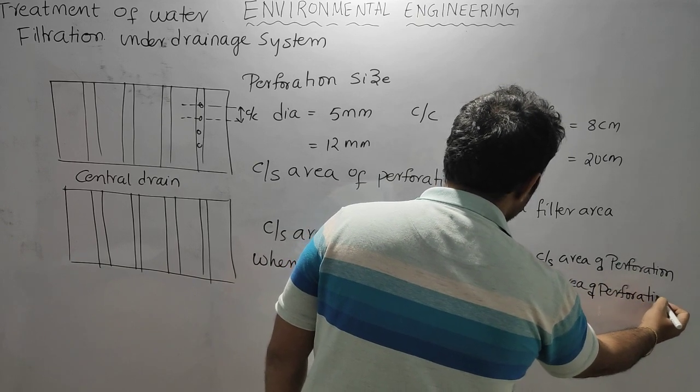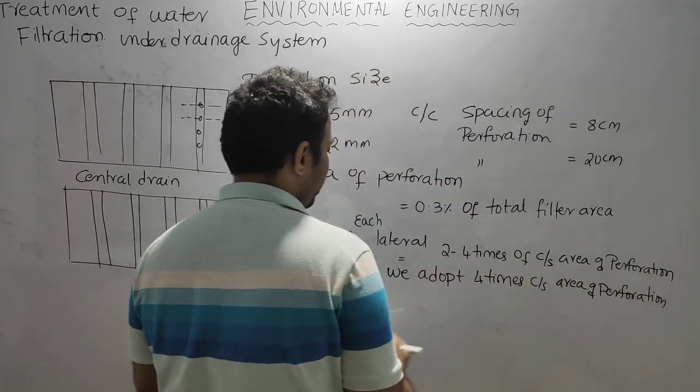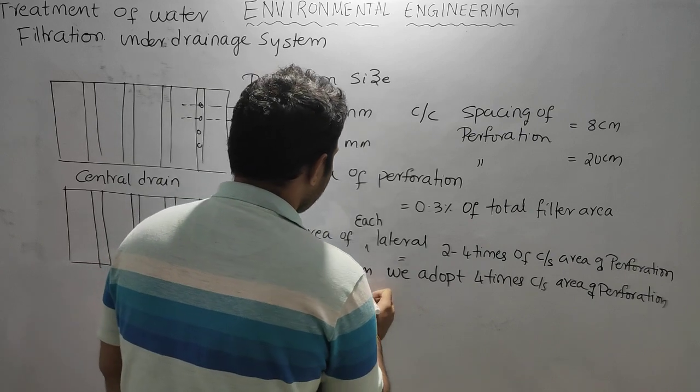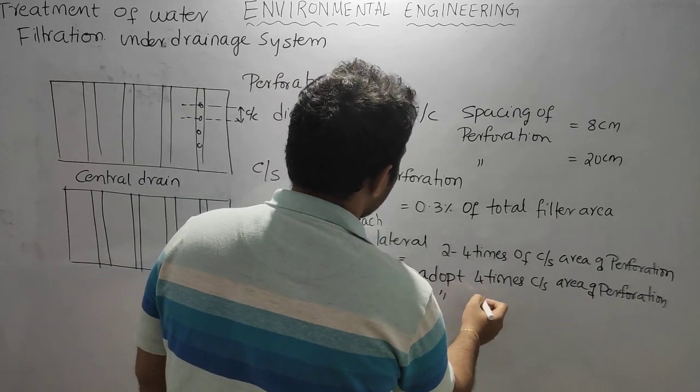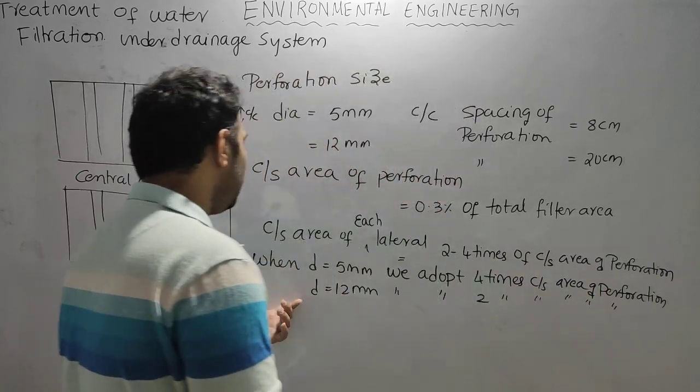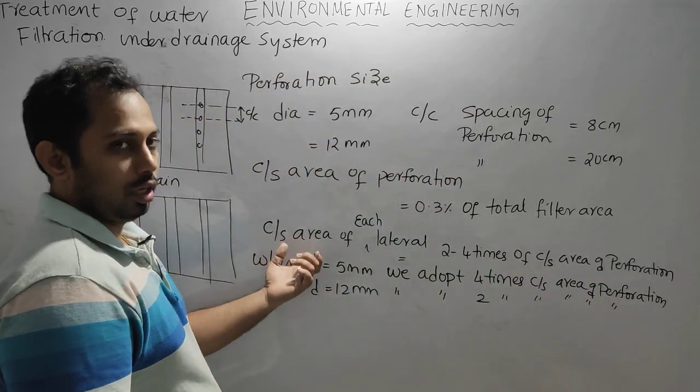When it is a lesser diameter, we take more number of times. When D is 12 mm, we adopt 2 times the cross section area of perforations. That is nothing but the lateral cross sectional area.